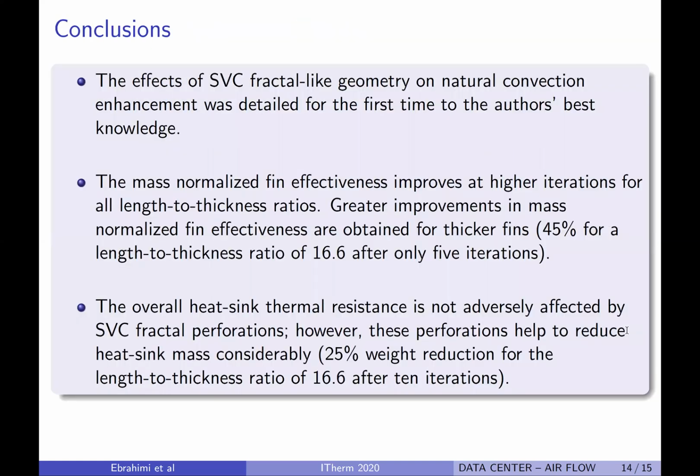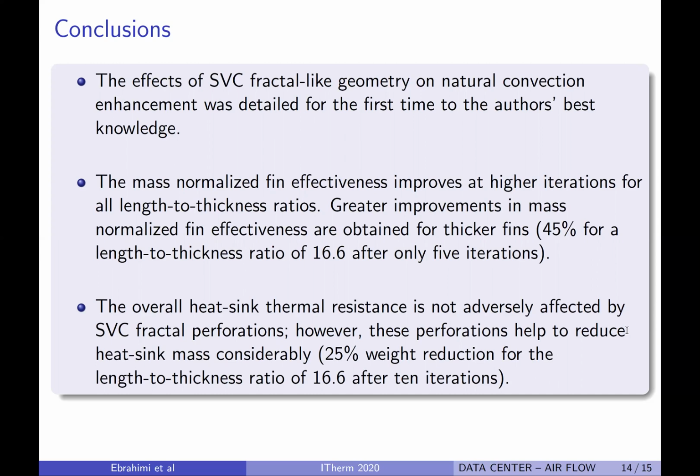Overall, we tried the Smith-Volterra-Cantor set fractal for the first time for power electronic cooling. We observed that the mass normalized fin effectiveness improves at higher iterations for all length to thickness ratios examined in this work. We observed greater improvements in mass normalized fin effectiveness for the thicker fin. In the case study we have here, the thicker fin was 0.6 centimeter.